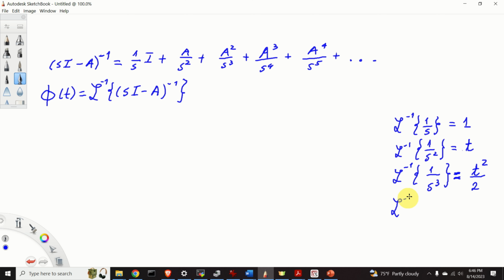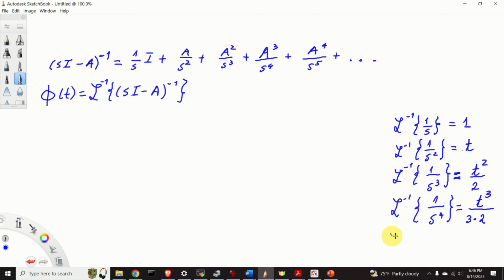What is the inverse Laplace transform of 1 over s to the power 4? The inverse Laplace transform of 1 over s to the power 4 is 1 over s multiplying 1 over s to the power 3. That's the integral of this expression, and the integral of this expression is t to the power 3 over 3 times 2.